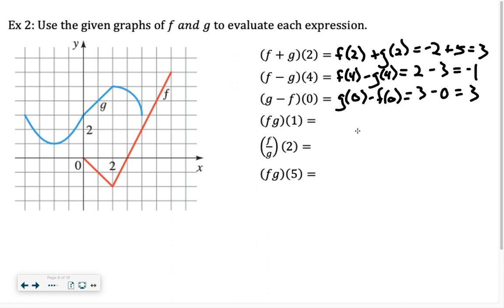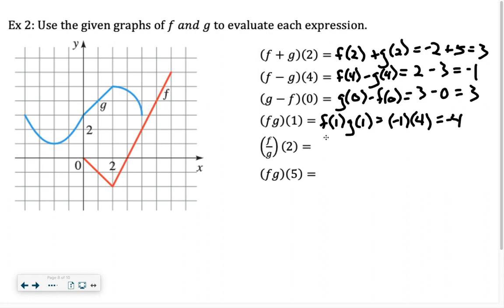So this would end up being 3. F times g of 1 is f of 1 times g of 1. F of 1 is negative 1. G of 1 is up here at 4. So this would be negative 4.